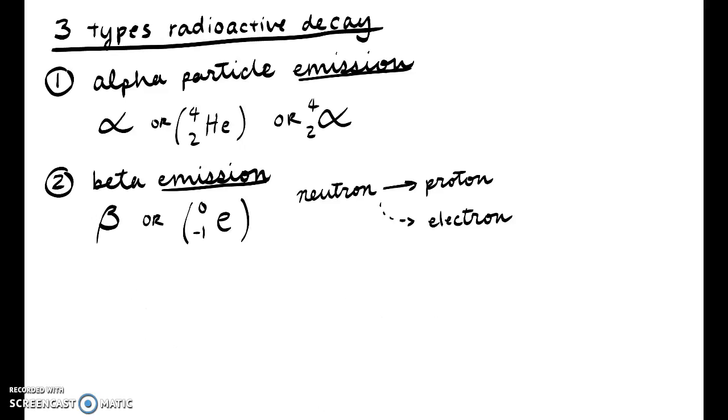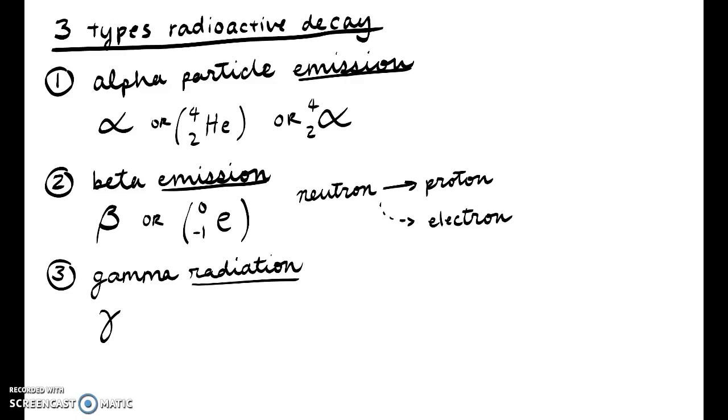Now, our third type of radioactive decay, we're not actually going to talk much about the details, but it's called gamma radiation. We denote it with the Greek letter gamma. What we have to note is that it's not emitting any particle.